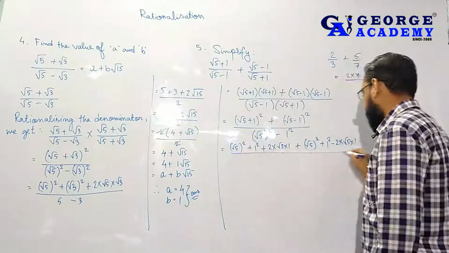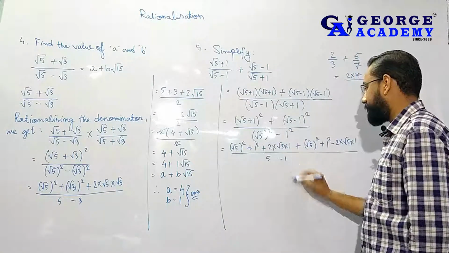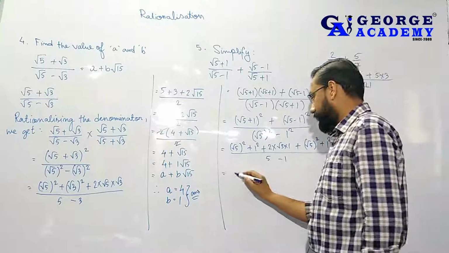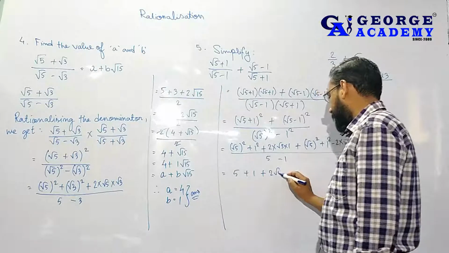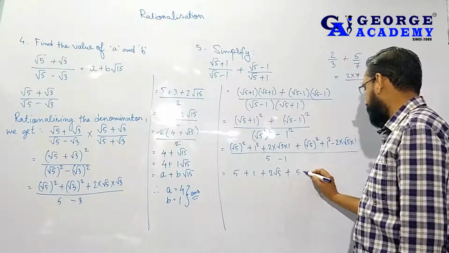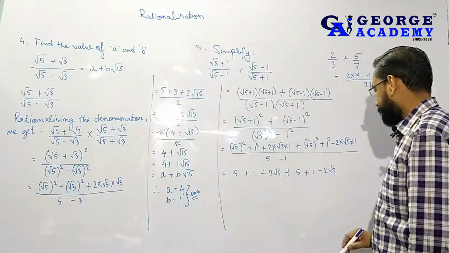This whole thing divided by root 5 square, that means 5 minus 1, which is equal to 5 plus 1 plus 2 root 5, plus 5 plus 1 minus 2 root 5.